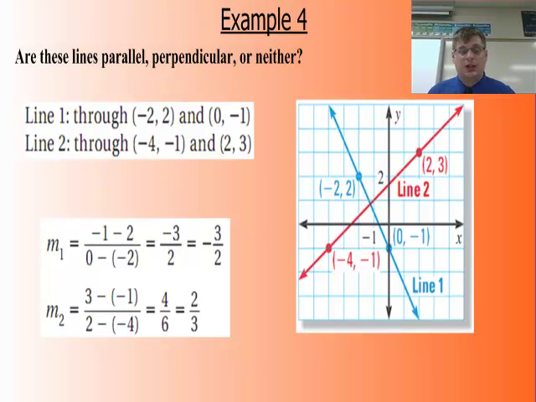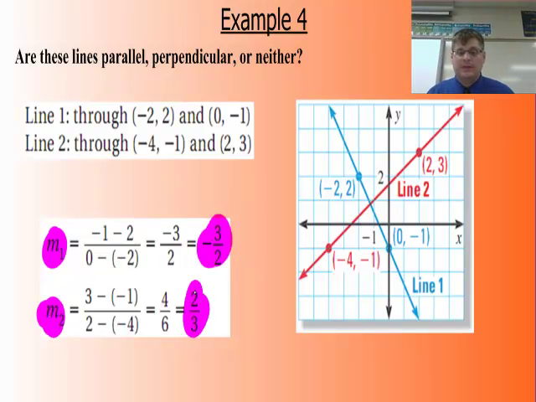So we would use that slope formula, find the slope of the line that goes through both those points, and compare them. What we'll notice is with the first one, now using m again for slope, you'll have -3 over 2 for the slope of the first one, and then for the second one we're going to have 2/3.